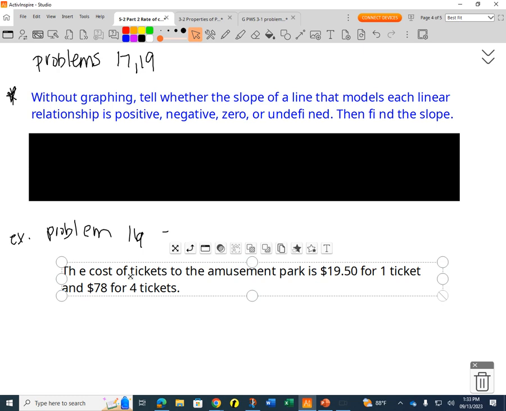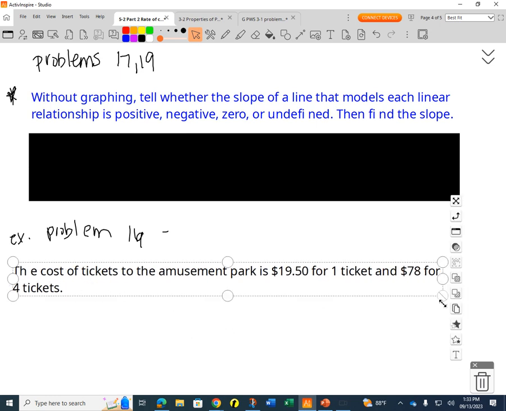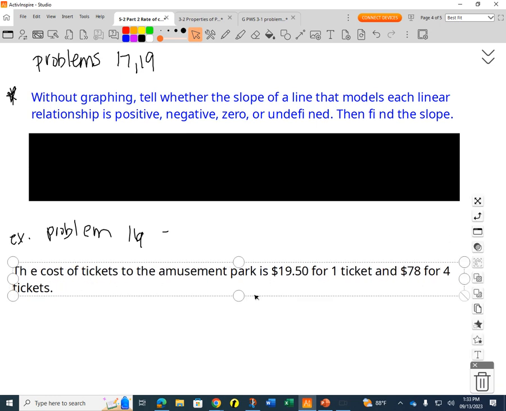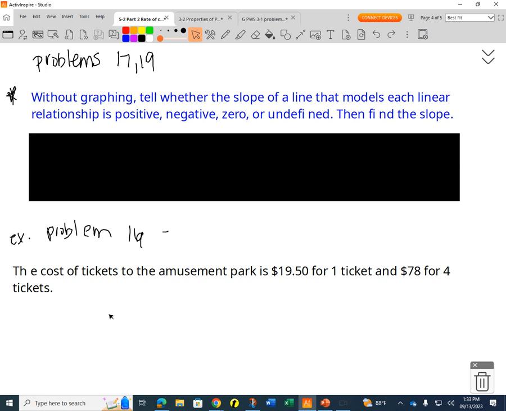The cost of tickets to the amusement park is $19.50 for one ticket and $78 for 4 tickets. So we have to be able to tell, is it a positive or negative slope, or a 0 or undefined slope? Which one of those 4 is it?